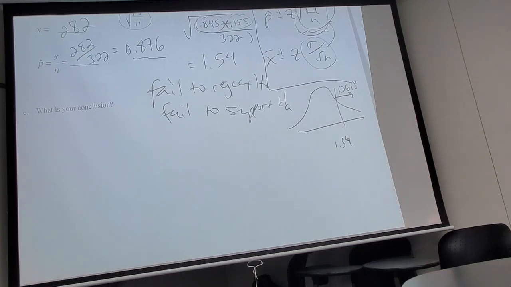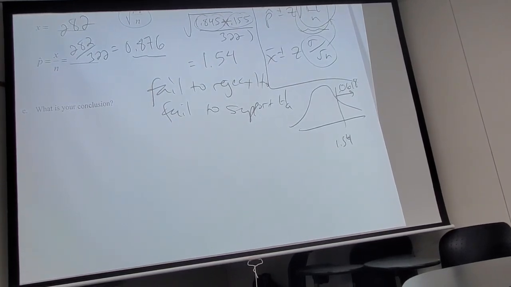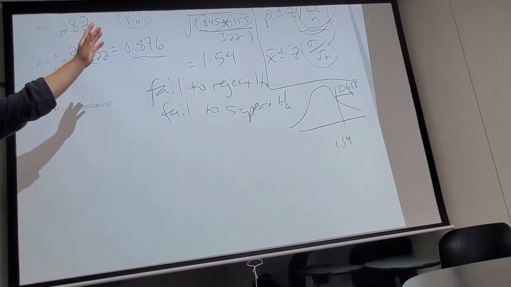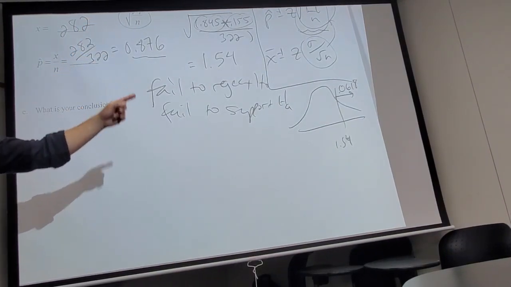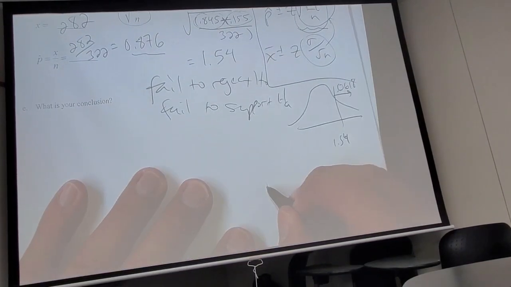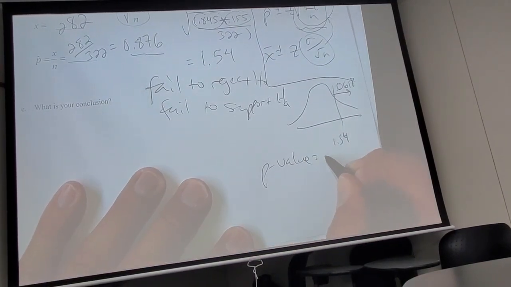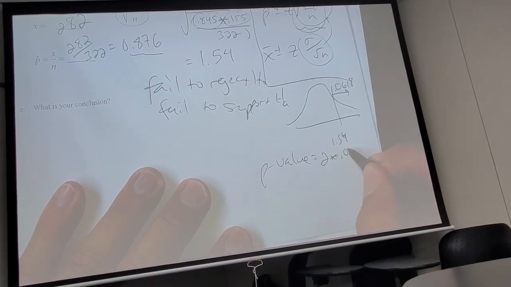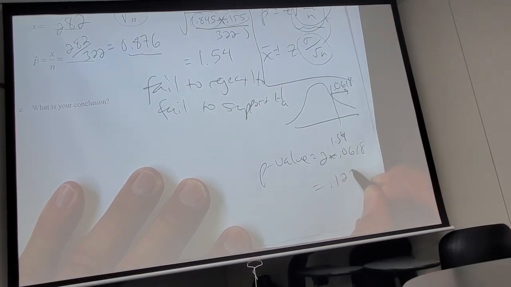Now here's the weird part. The p-value is the area in the tail or tails that our z-star makes. This was a two-tail test, correct? So I've got to double that. So the p-value will actually be 2 times 0.0618, so it'll be 0.1236.